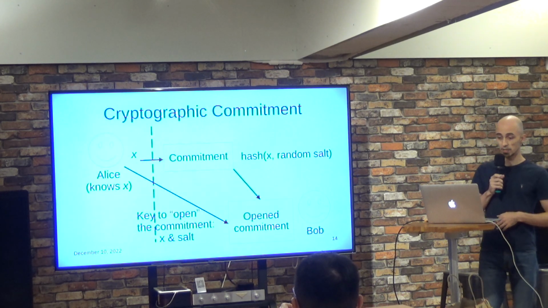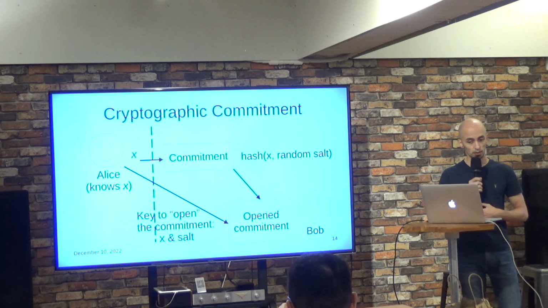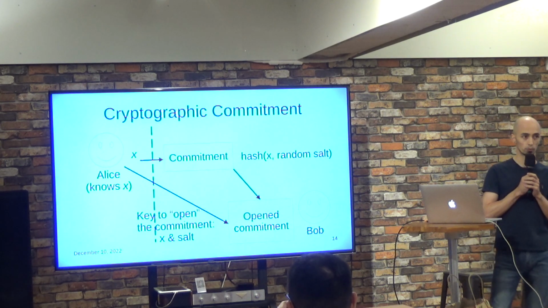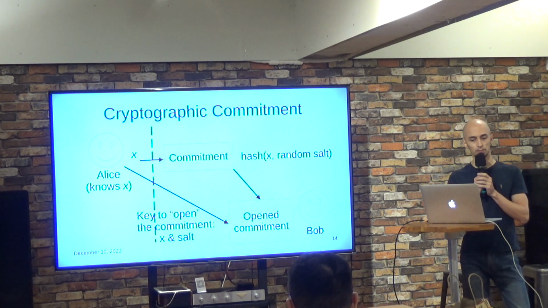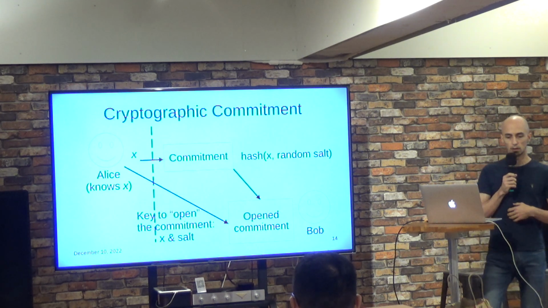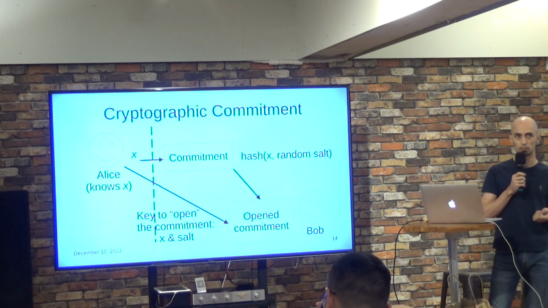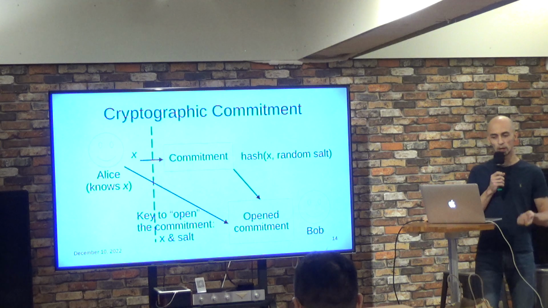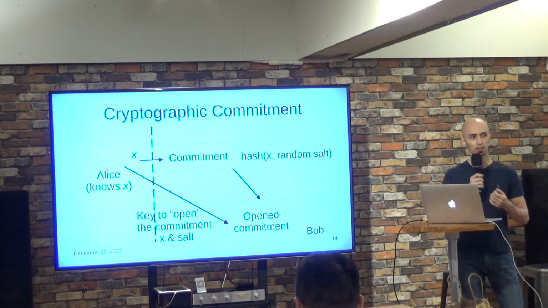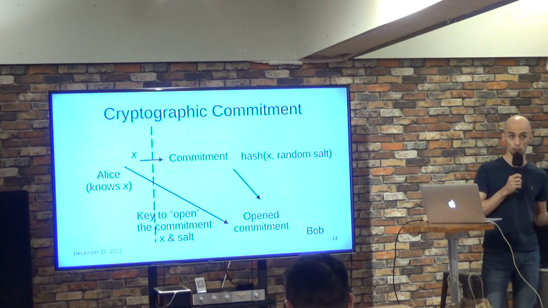And it turns out that there is a very useful cryptographic tool for that purpose called a commitment scheme, or cryptographic commitment. It allows some party that knows some data to commit that data by hiding it in some way, and after it's hidden it can be publicly exposed.